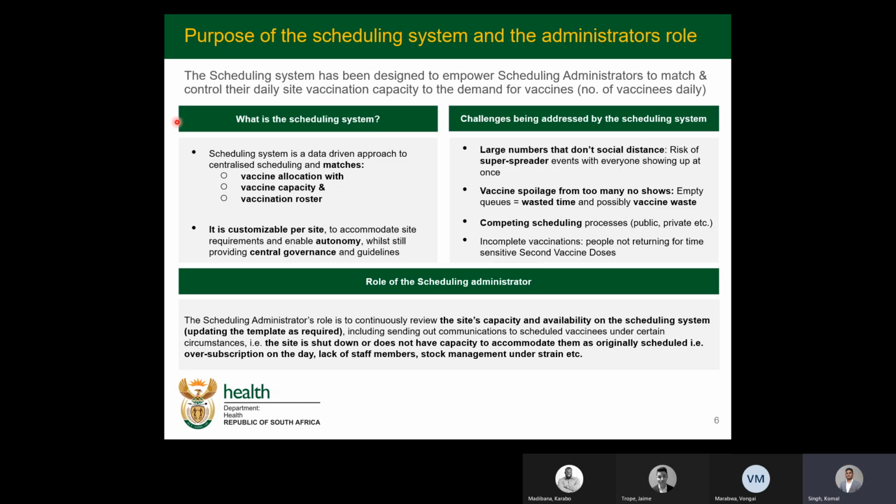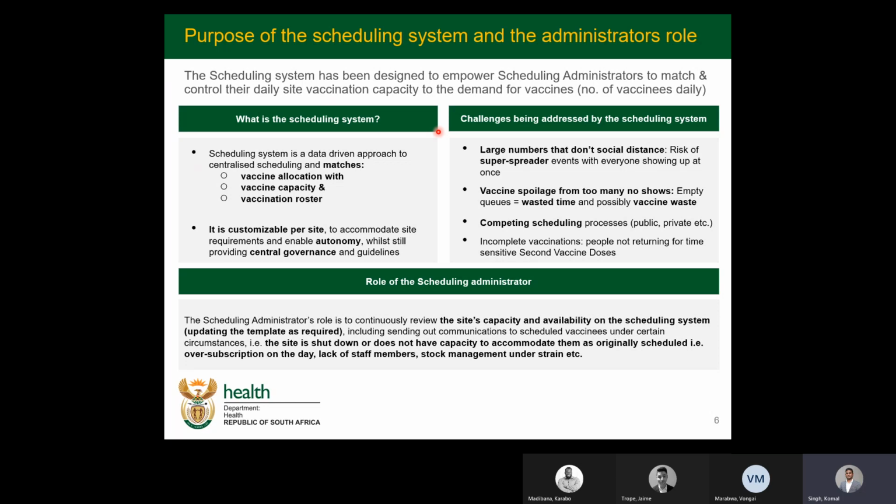The scheduling system is a data-driven approach to centralized scheduling, and it matches the vaccine allocation with the vaccine capacity, as well as the vaccination roster, which is shown on the previous slide. Please note that this is customizable per site to accommodate various site requirements, which enables autonomy while still providing central governance and guidelines.